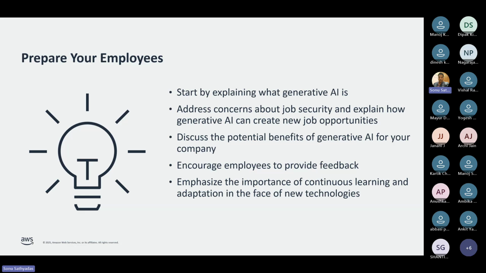So a developer is still required. It just simplifies and speeds up the job of the developer. That is what we have to tell the employees who are going to use the generative AI solution. It's not going to replace anyone. It's going to simplify their tasks.